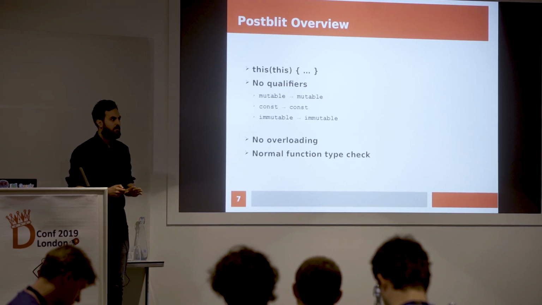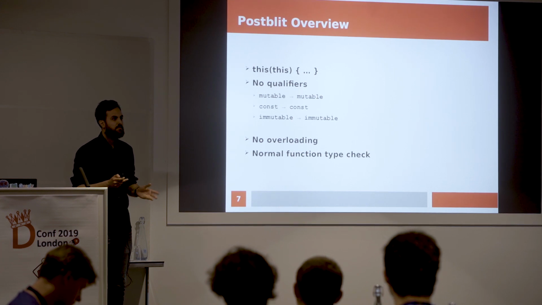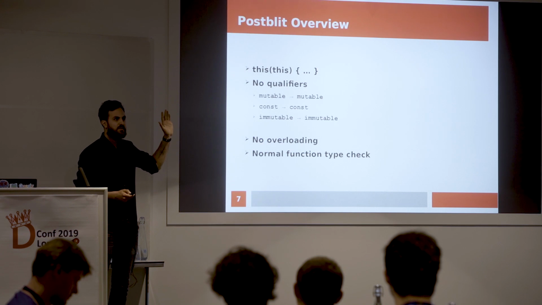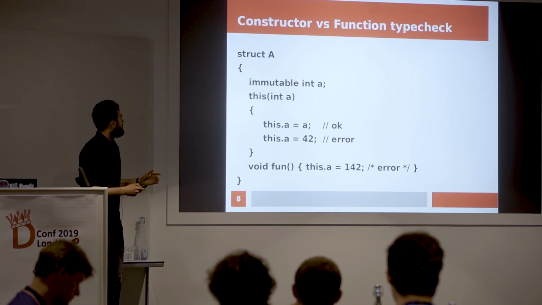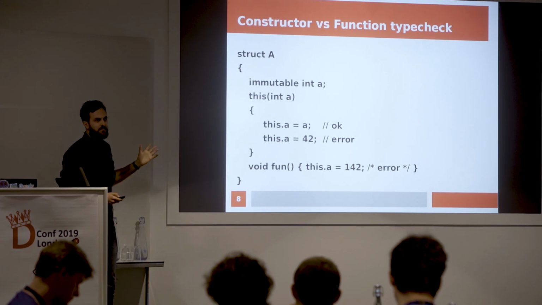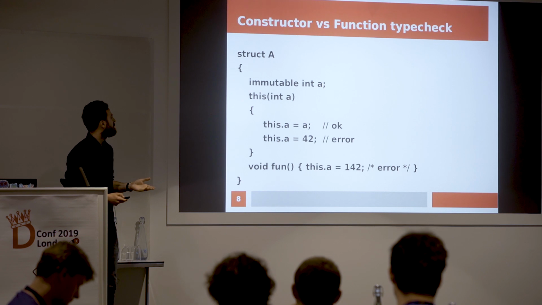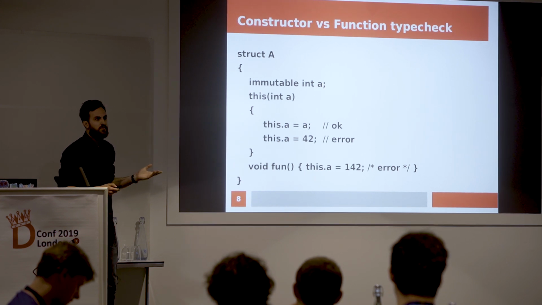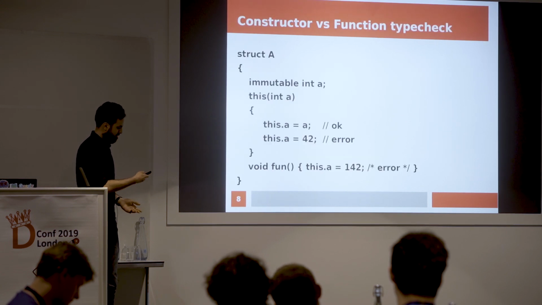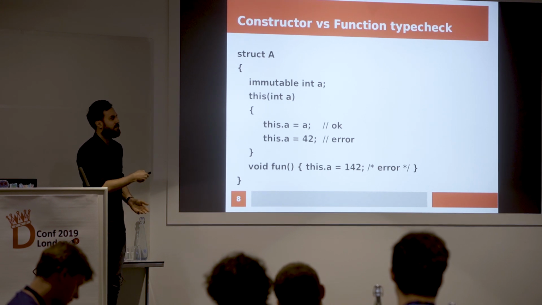Now I'm curious, how many people in here know the difference between a normal function type check and a constructor type check? Okay, so not too many. Well, it is a very simple difference. So let's say that you have a struct in which you have an immutable field. Typically, in a constructor, you would want to be able to initialize that field. Okay, so here, this assignment is treated as initialization.